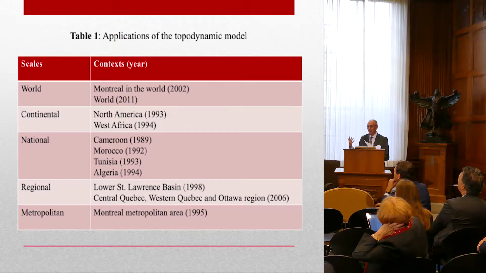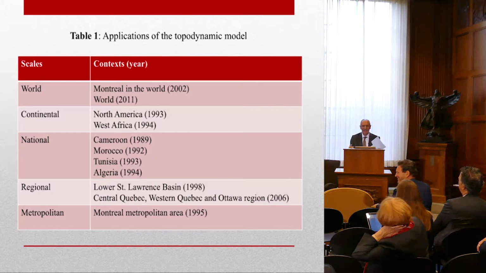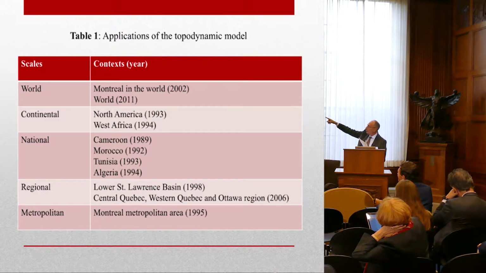and I imagined a very funny model, the most unconventional. It is not econometric. There are no dependent or independent variables. There is no statistical test, and it works. And so it has been applied at various scales: metropolitan scale, regional scale, national scale, continental scale, and world scale.